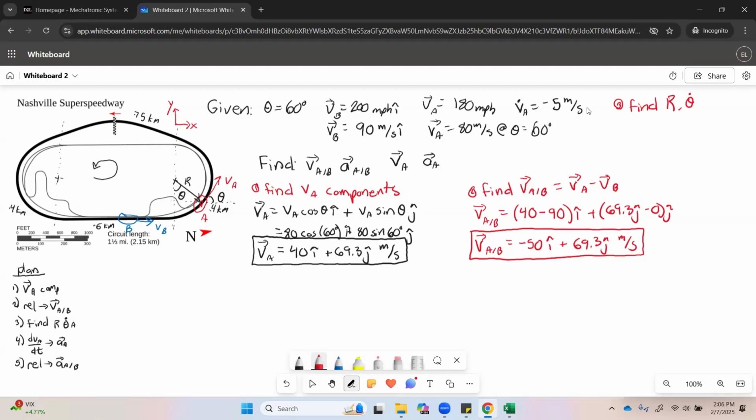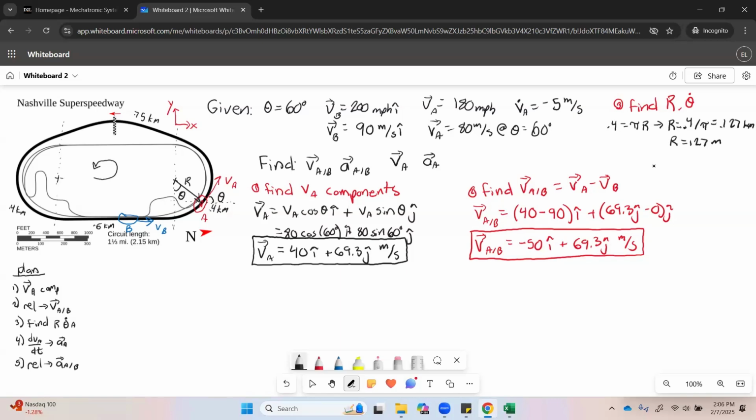So then that's just pi r. So for r, 0.4 equals pi r, then r equals 0.4 over pi, which equals 0.127 kilometers. It's important to note that is 0.127 kilometers, so r equals 127 meters.